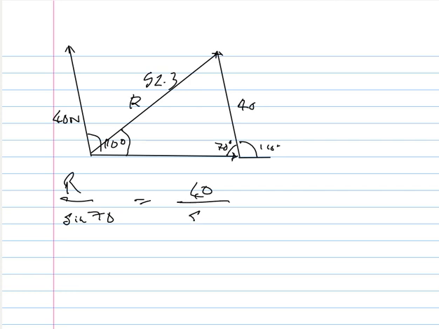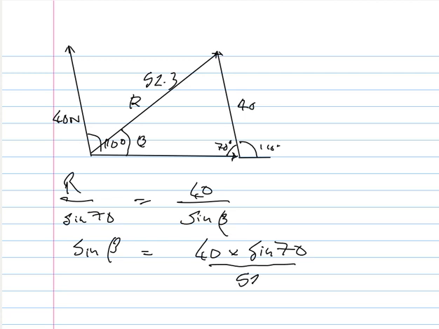Now let's call that angle beta. Okay. If we rearrange that equation, we can see that sine beta is equal to 40 times sine 70 over r, which is 52.3.